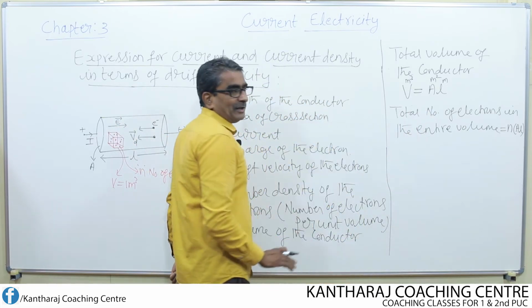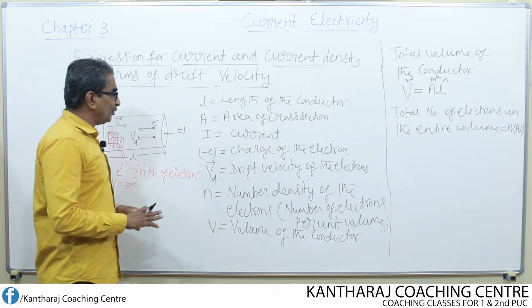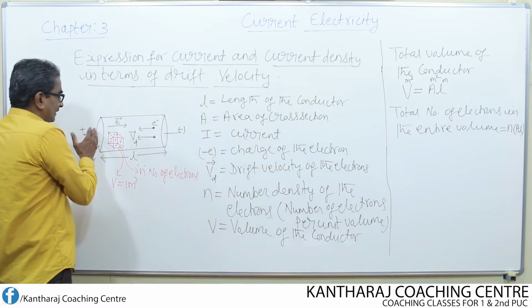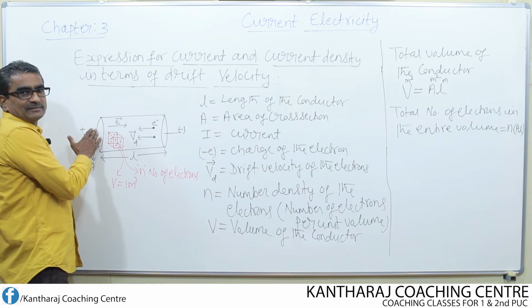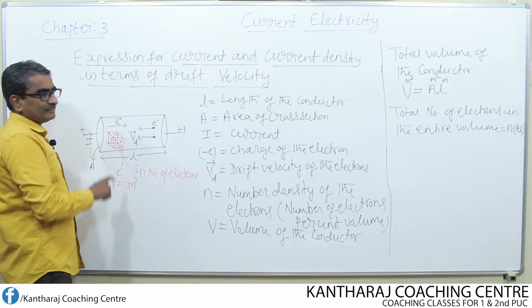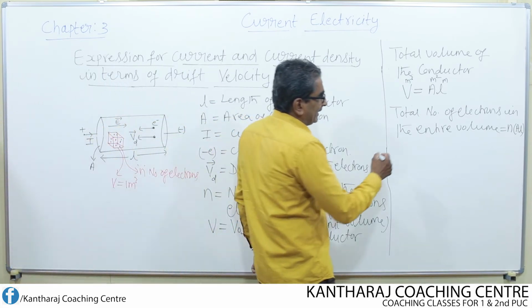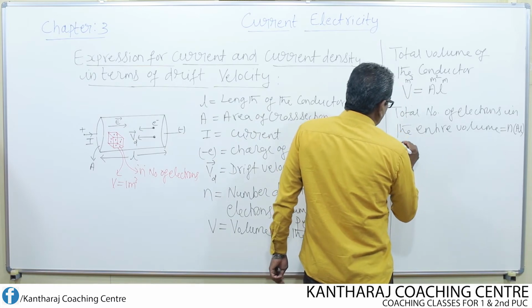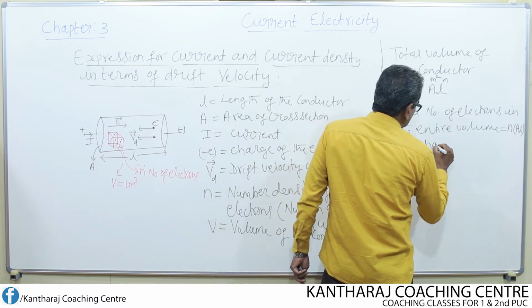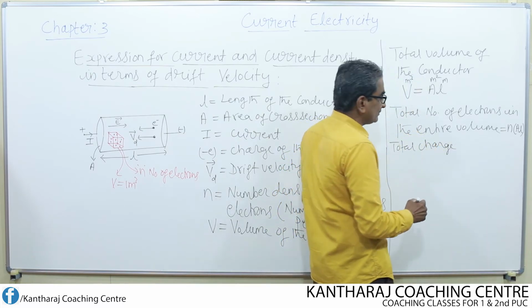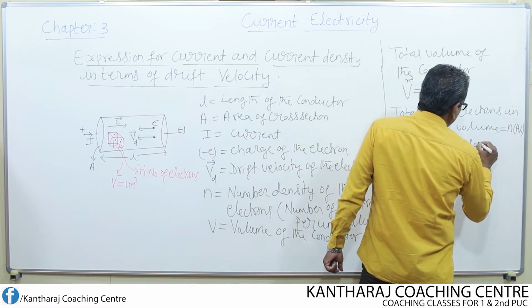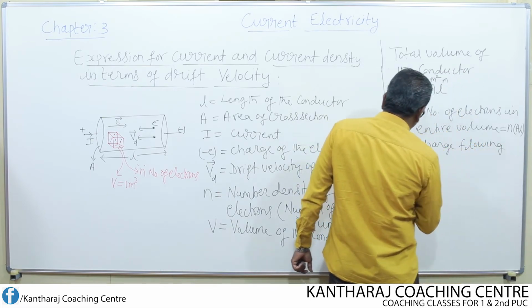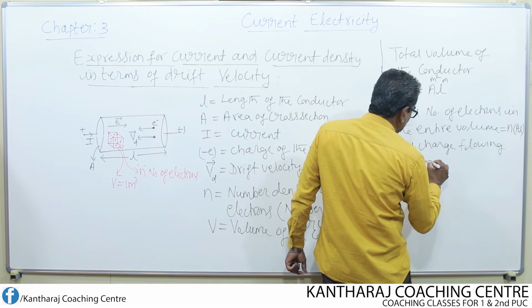Now this number of electrons begins to move from one end to another end of the conductor because of the electric field. So I write like this. What is the total charge flowing through the conductor?